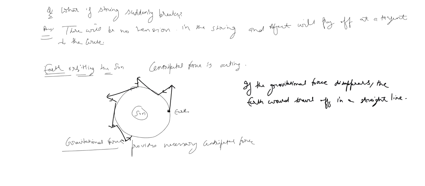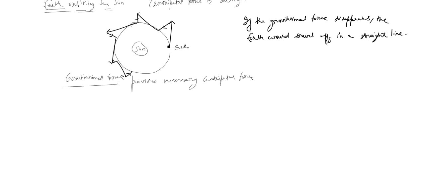If we consider a car going around a bend on a flat rough road, what do you think will provide the centripetal force? Friction between the tires and the road.